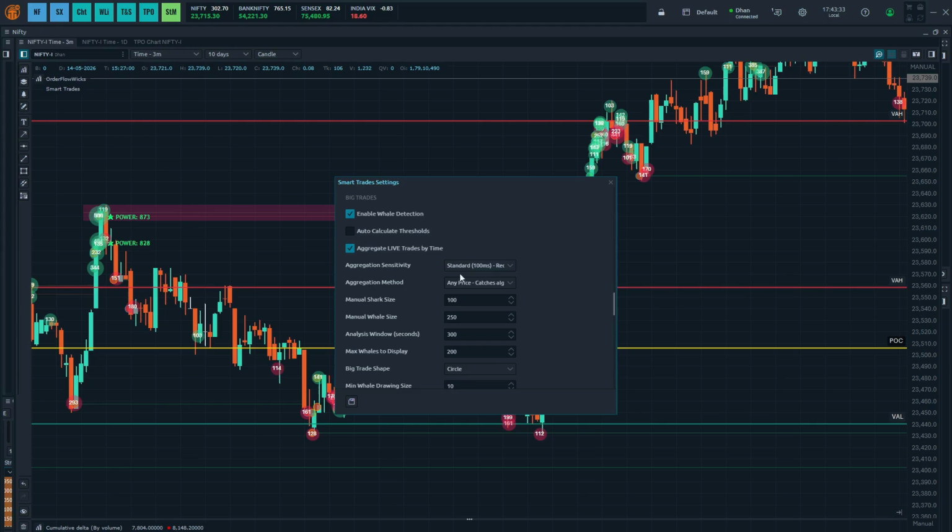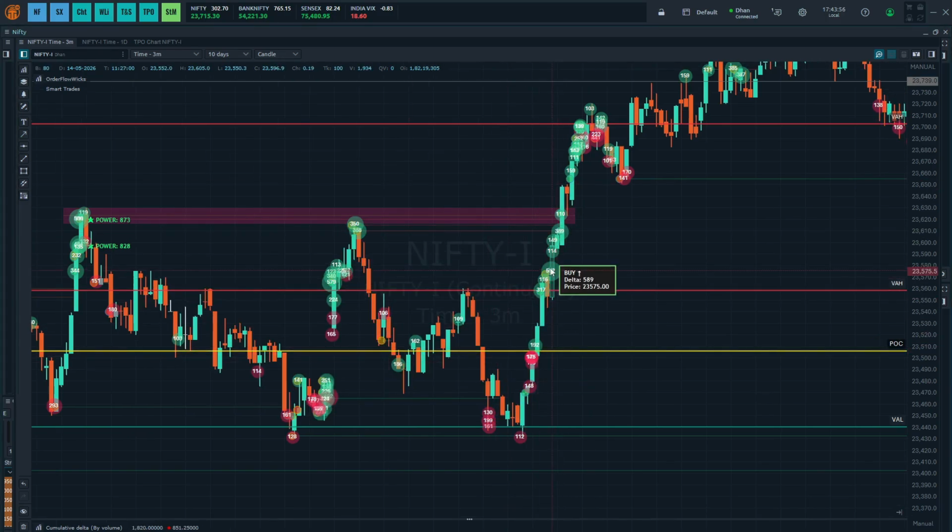The aggression sensitivity we have given is 100 milliseconds. So within 100 milliseconds, if we find contracts above 100, that is a large institutional order, or a big order placed in a single order, then we will see these small bubbles here indicated as a big trade.